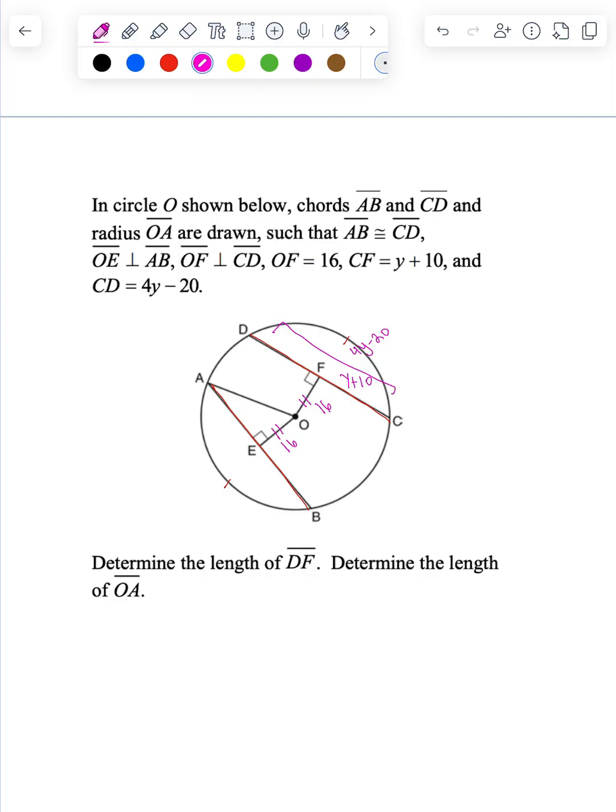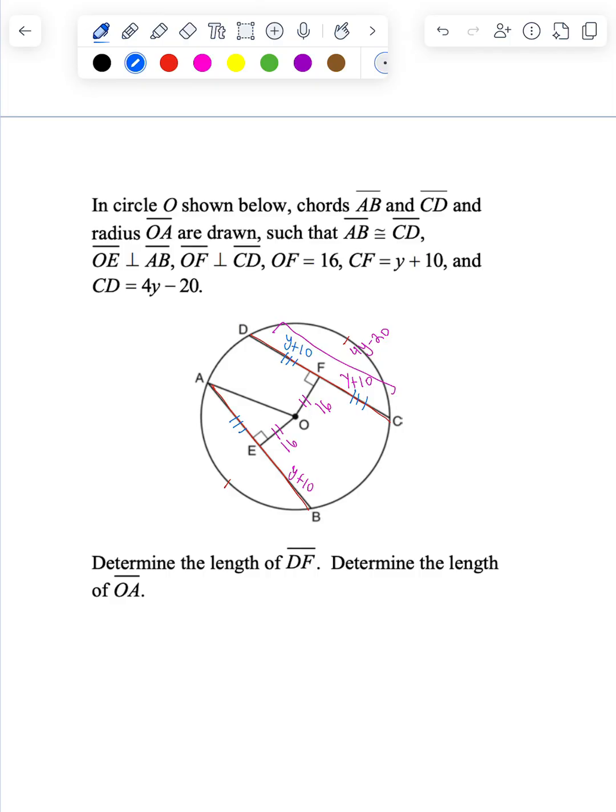So since the chords are congruent, on this chord, we would also have y plus 10, and the whole chord would once again be 4y minus 20. So when we find DF, whatever we find for DF, and let me just use a different marking than I used for the other segments, it's going to be the same for AE because they need to total the same amount. So what we can do here is we can say, okay, if FC is y plus 10, so is this.